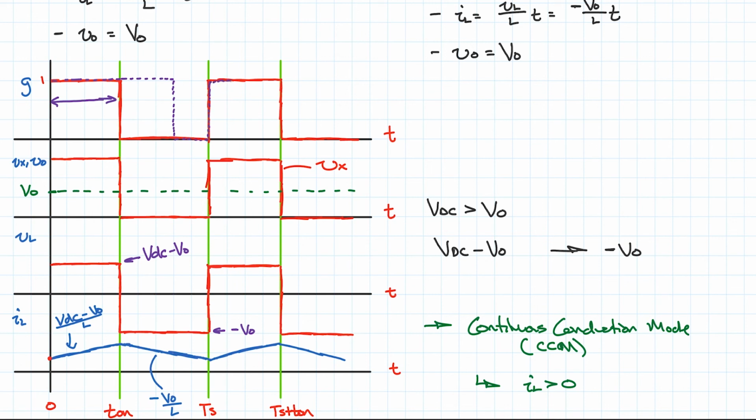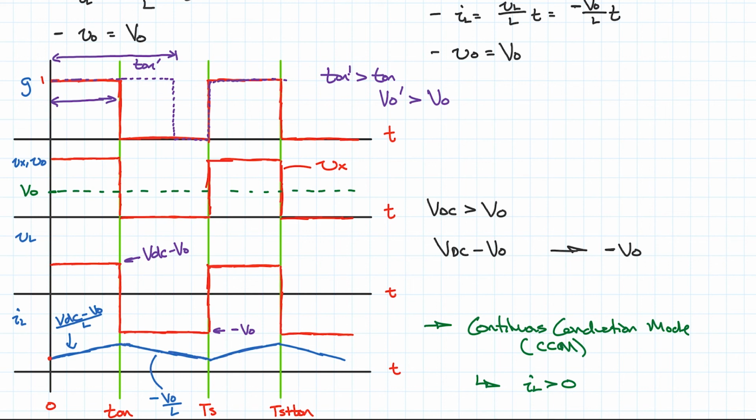Let's call this T on prime. T on prime is clearly greater than T on, which means that VO prime would be greater than VO. So you can adjust the output voltage based on this pulse.